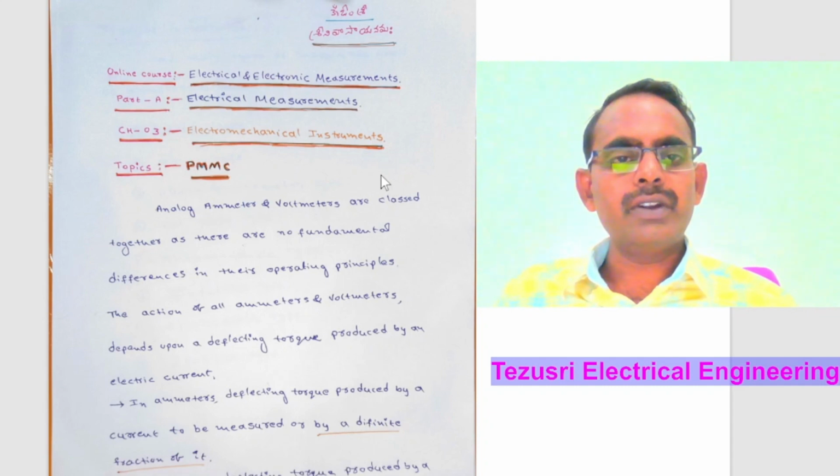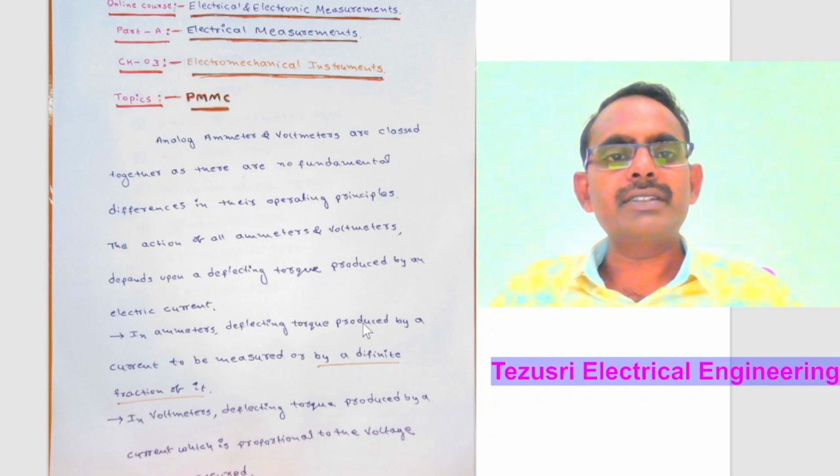We will learn about the permanent magnet moving coil, construction, working principle, and extension ranges of the permanent magnet moving coil as an ammeter, voltmeter, and the errors, sensitivity of the PMMC instrument, load effect, and advantages, disadvantages of the moving coil instrument.